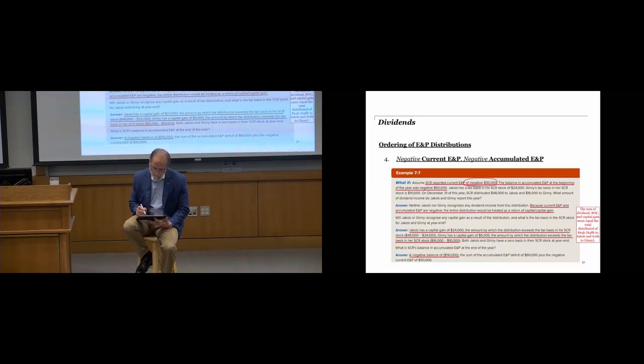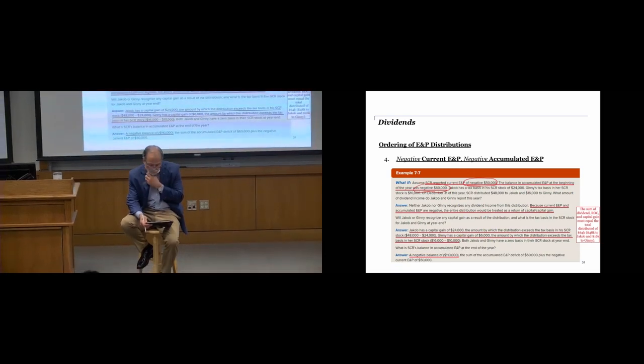The balance in accumulated E&P at the beginning of the year is negative 60,000. Jacob has a tax basis in his SCR stock of 24,000. Ginny's tax basis in SCR stock is 10,000. On December 31 of this year, SCR distributed 38,000 to Jacob and 16,000 to Ginny. What amount of dividend income do Jacob and Ginny report this year?